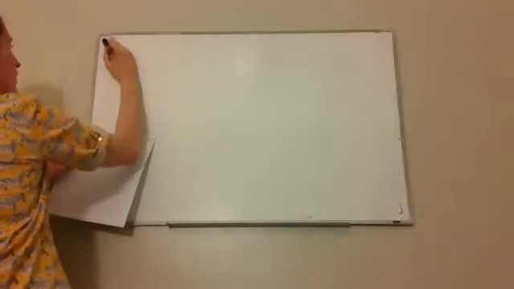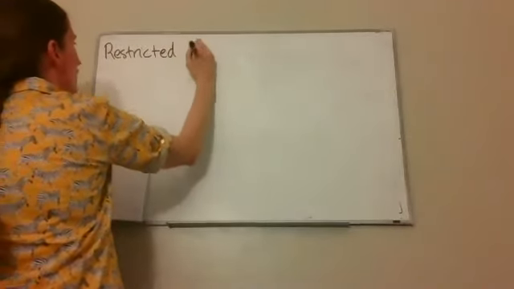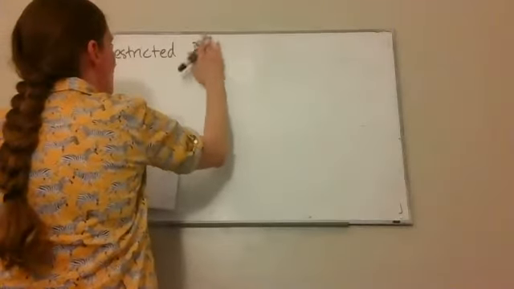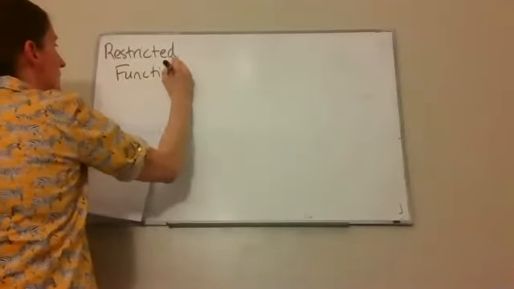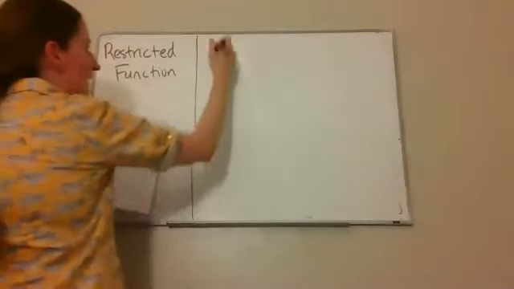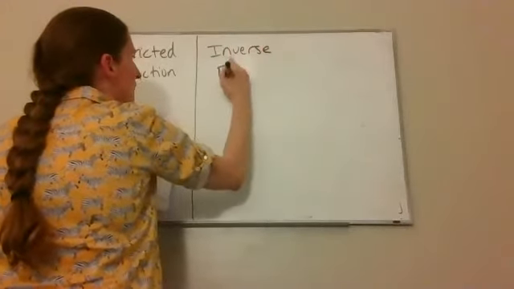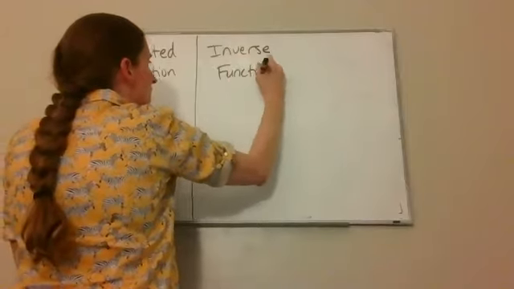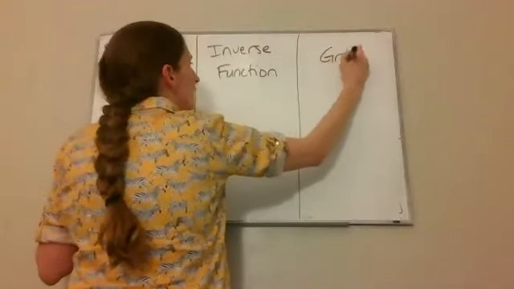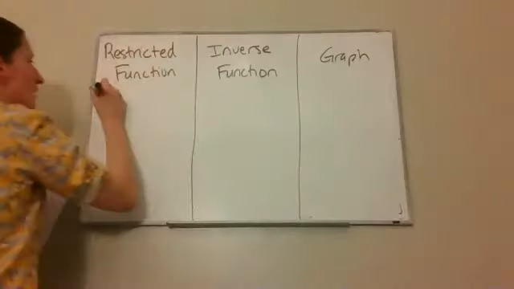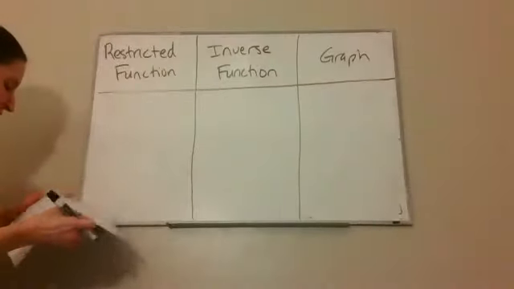So we're going to make a chart. We're going to have a chart that shows our restricted function, the inverse function, and just a sketch of the graph. And we already talked about inverse sine, but I'm going to write it down again.